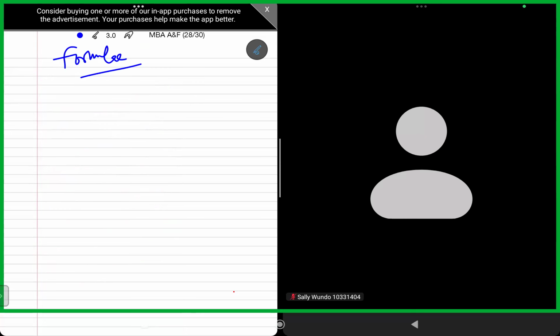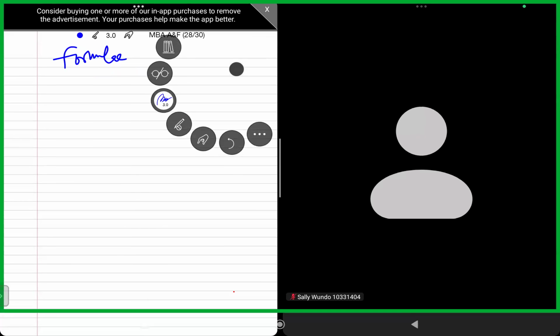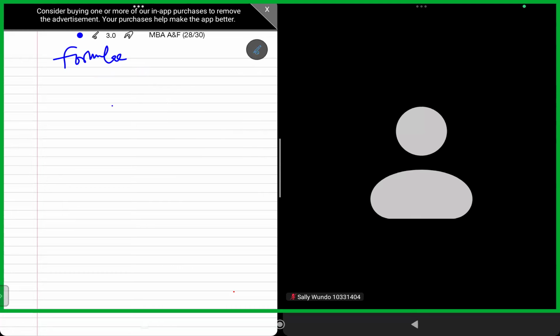When we say break-even points, there are 2 types of it: break-even point in units and value.